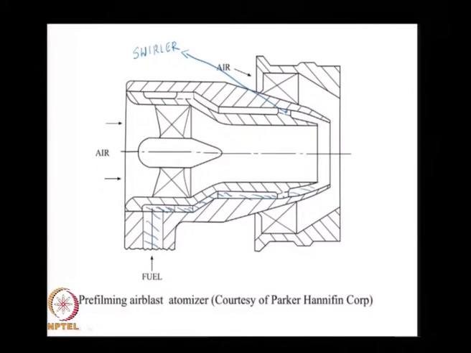So, what you see here is a liquid film that is spilling out from this tip essentially, that is impacted by a swirling air stream on the inside, often called the inner swirling air, and then this is called the outer swirl air.